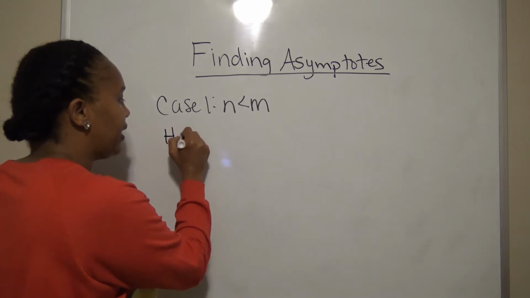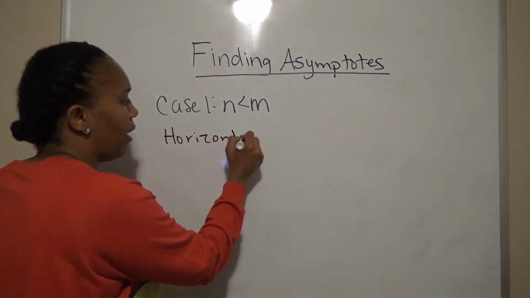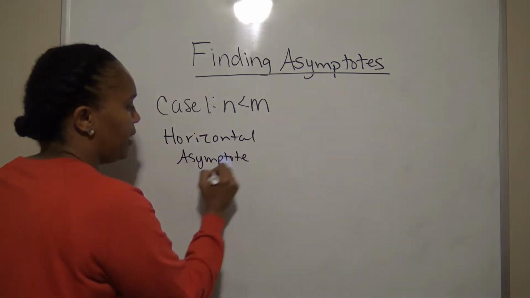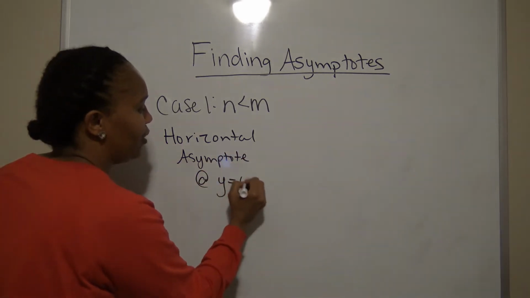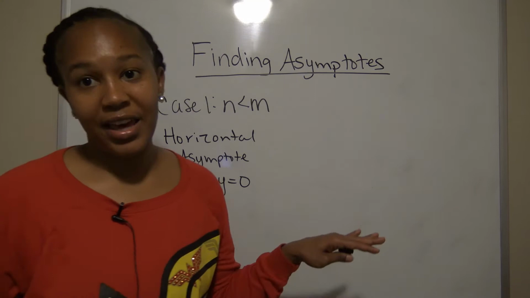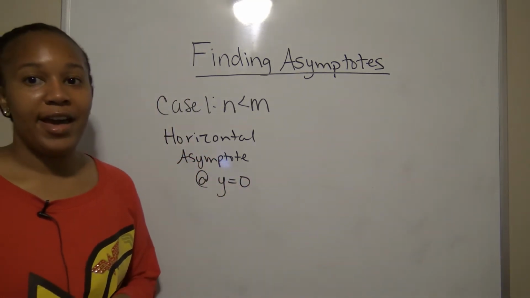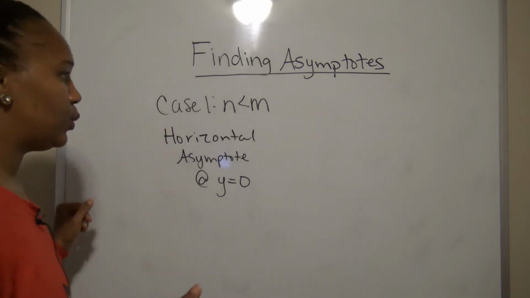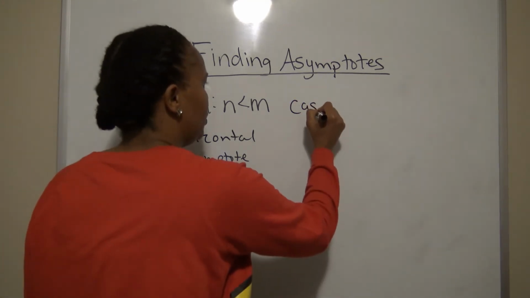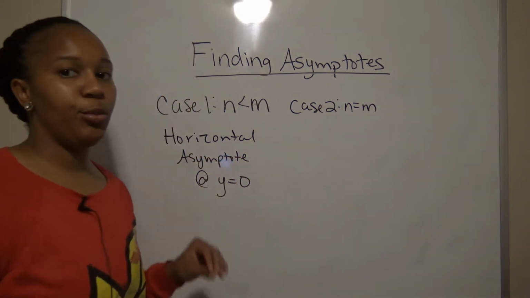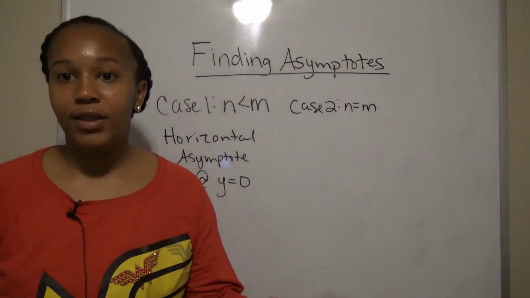If that is the case, then you have a horizontal asymptote at y equal to 0, and that's basically the x-axis. So that just means your x-axis is your horizontal asymptote. That's case one. Case two is the case where n equals m. That means the degree of the numerator is the same as the degree of the denominator.